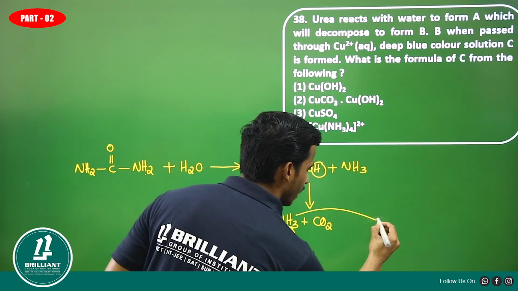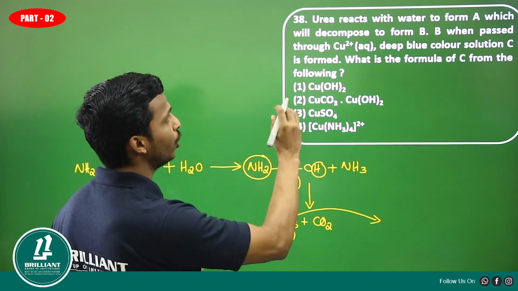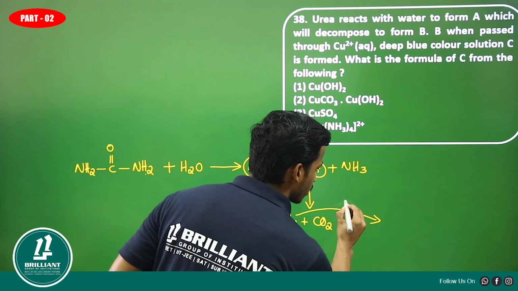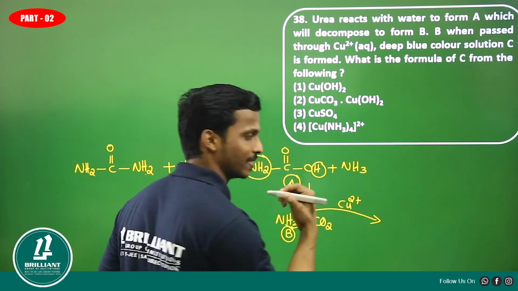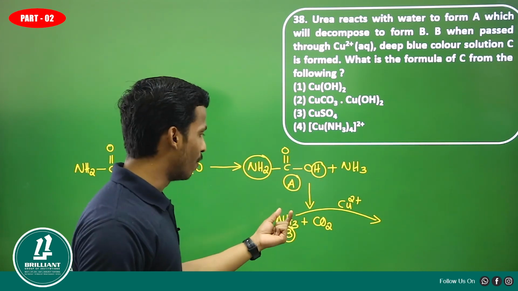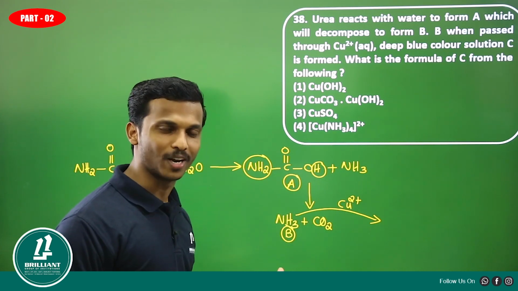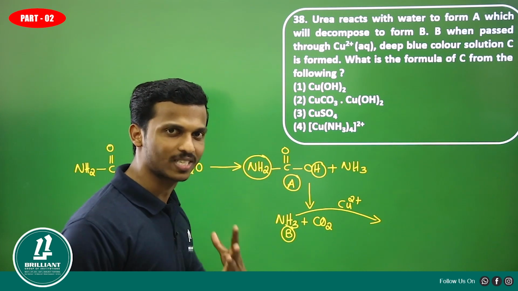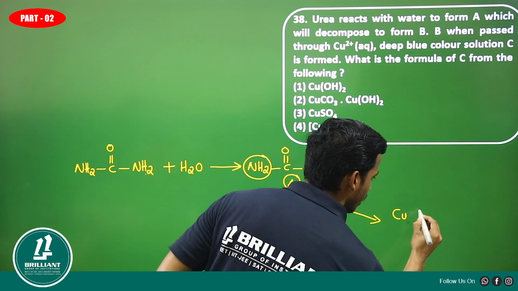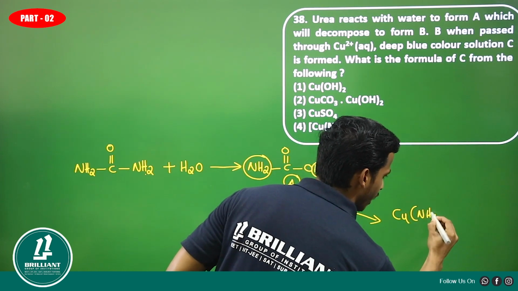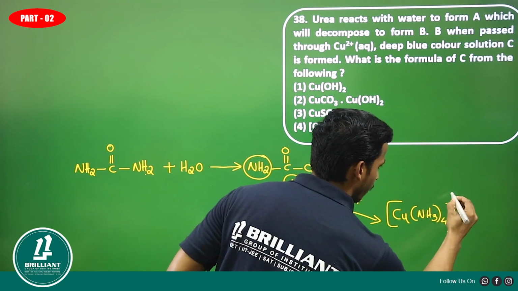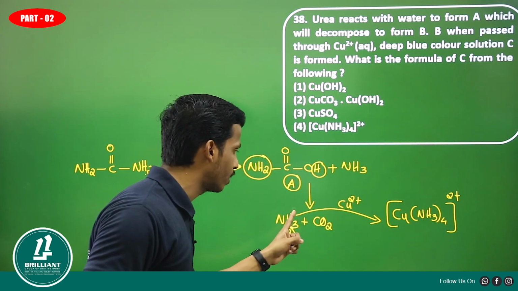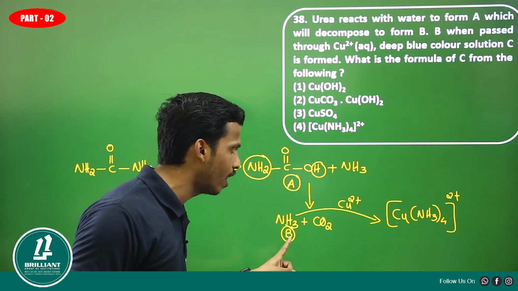Let me treat it when it is passed through Cu2 plus. So, what will you get? Ammonia, when it reacts with copper, you will get an ammonia copper complex, right? Coordination compound. What is that? Cu(NH3)4. Copper 2 plus will combine with four neutral ligands, ammonia.